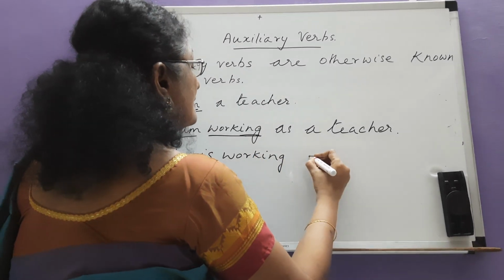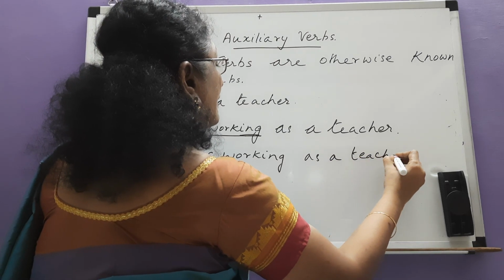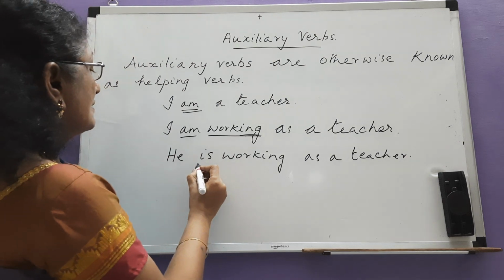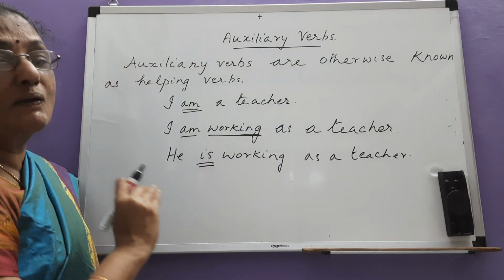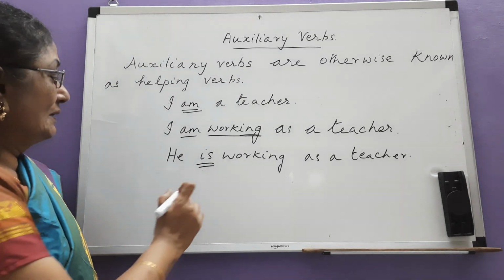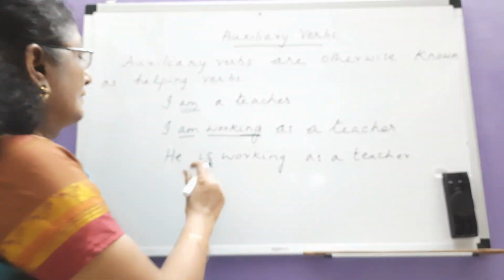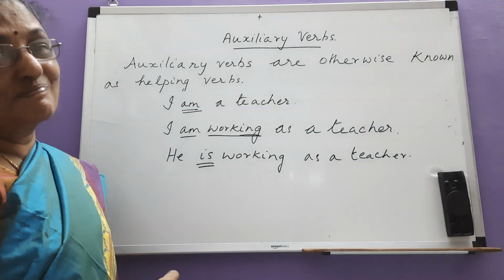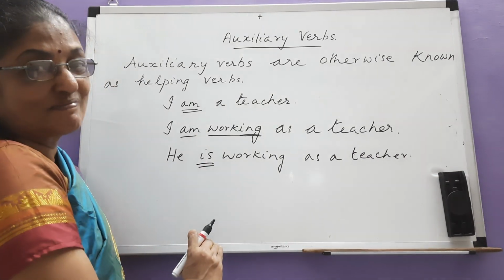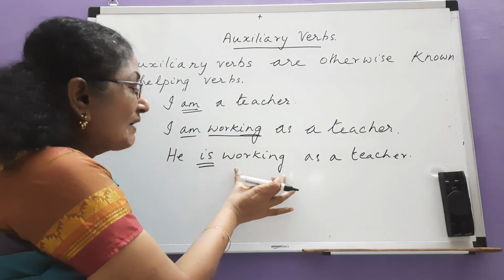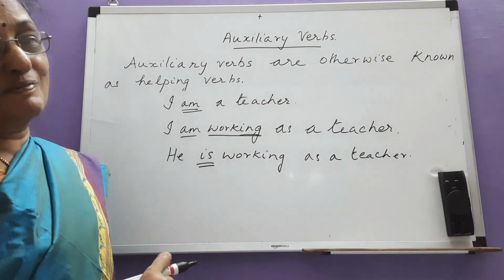As a teacher. See here also, this is playing the role of an auxiliary verb. If I just say he is a teacher, then this becomes the main verb. Now this verb helps to make this verb function properly, continuously, in continuous tense.